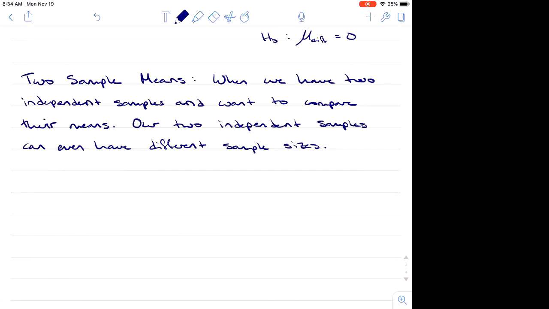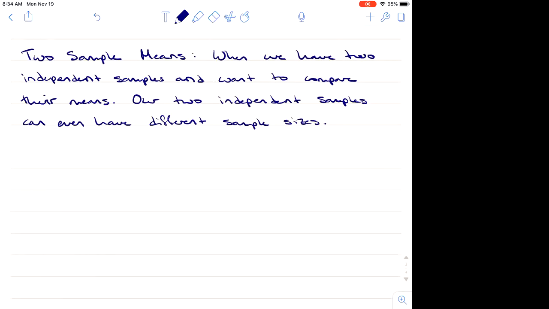Different sample sizes. Each of the groups is going to have its own mean, its own standard deviation. And now that we have these 2 groups and there's no way to match them up, we have to deal with 2 sample sizes, 2 sample means, and 2 sample standard deviations.